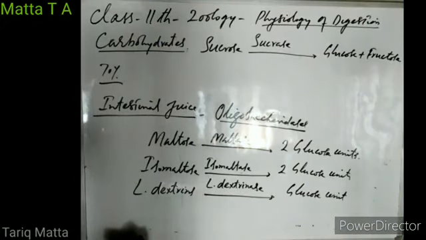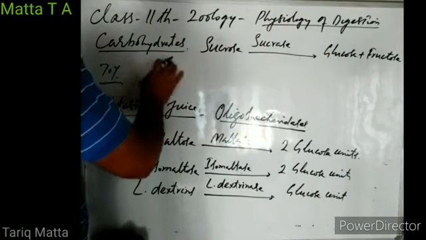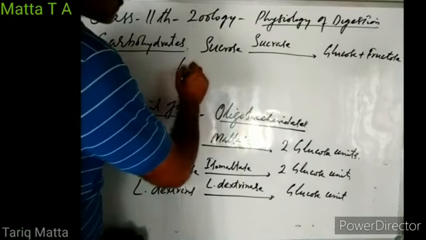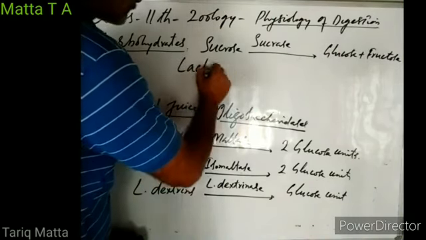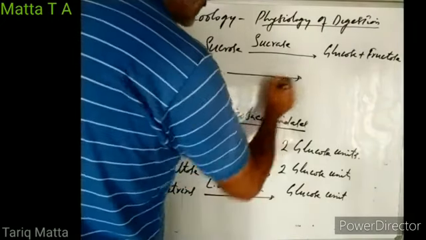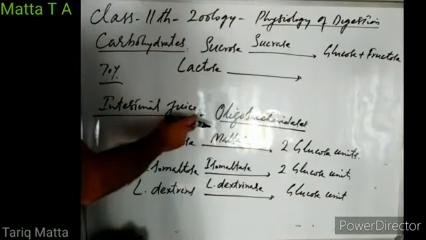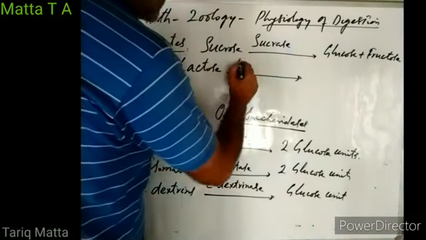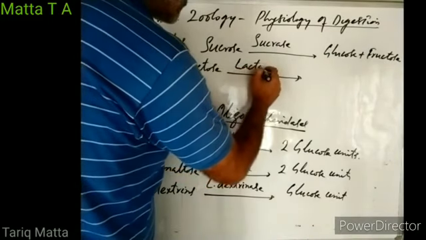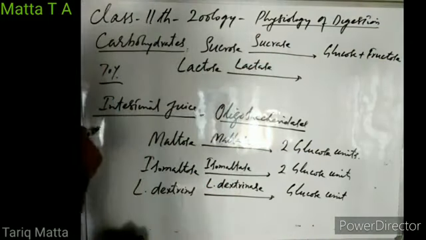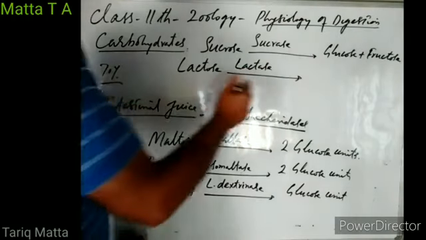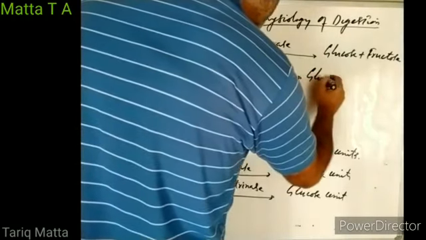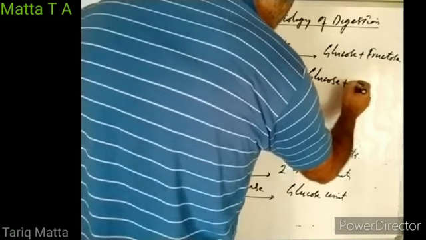Similarly, we consume milk. Milk contains milk sugar, lactose. So this lactose of milk is acted upon by the intestinal enzyme known as lactase. And this lactase breaks lactose into glucose plus galactose.